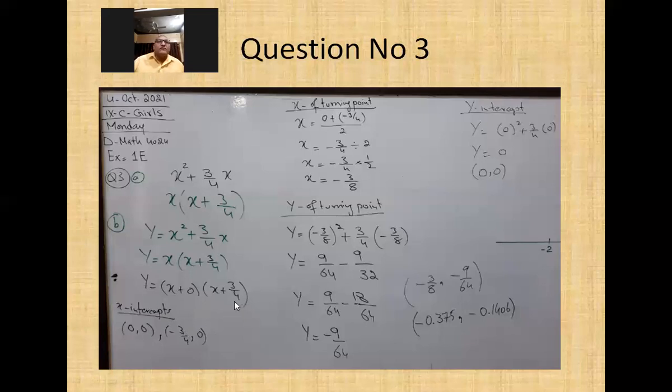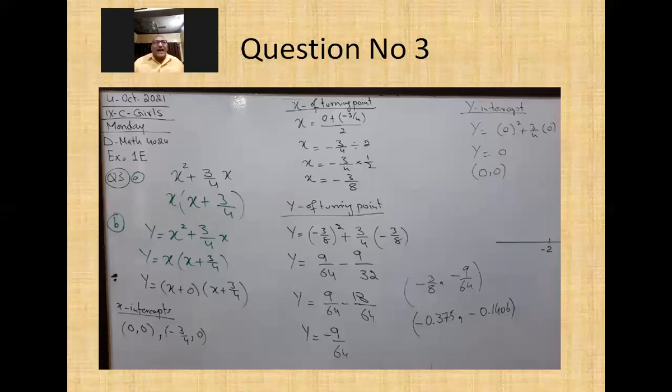For the 3 by 4, you change its sign, so the x-intercept will be minus 3 by 4, 0. From this equation, I can directly tell you the x-intercepts. You just have to change their sign. X-intercept means where the graph cuts the x-axis.